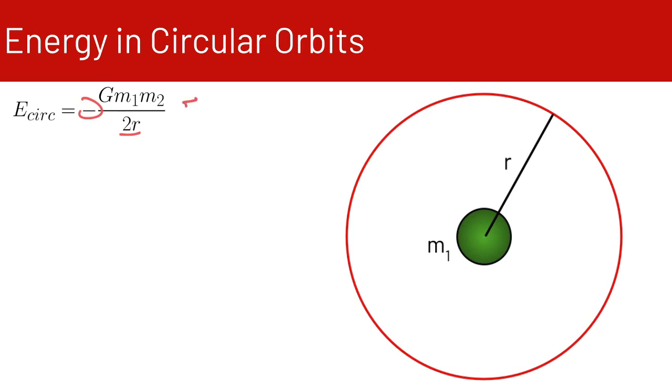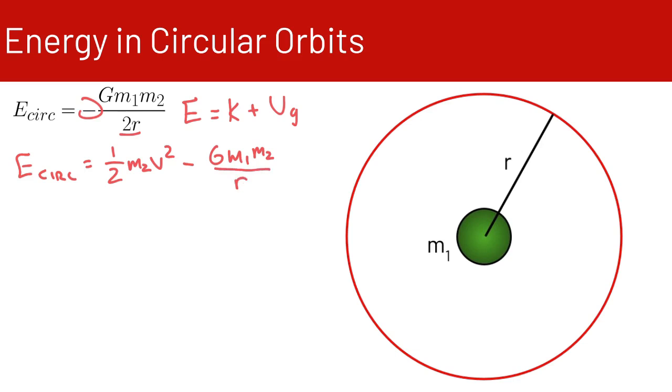Remember that total energy is equal to the kinetic energy plus gravitational potential energy. So we have E circular is equal to 1/2 m2 v squared minus G m1 m2 over r. And in the last slide, we found that v is equal to the square root of G m1 over r.